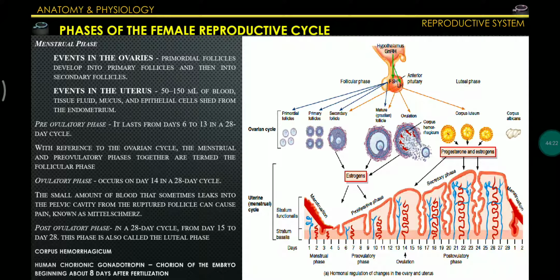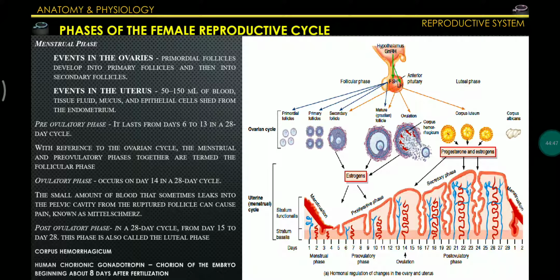The follicular phase consists of pre-ovulatory and ovulatory phases, and it is also called the proliferative phase. The next one is the secretory phase, also called the luteal phase, which consists of the post-ovulatory phase.